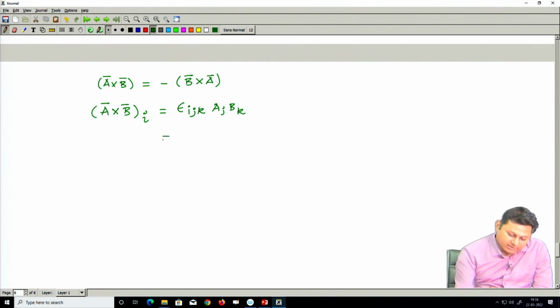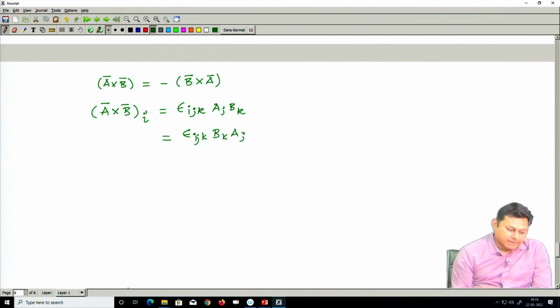Now, I can manipulate this right hand side. Let us write epsilon i j k B k A j. Now, I can change this k to the usual form j, and j to k.